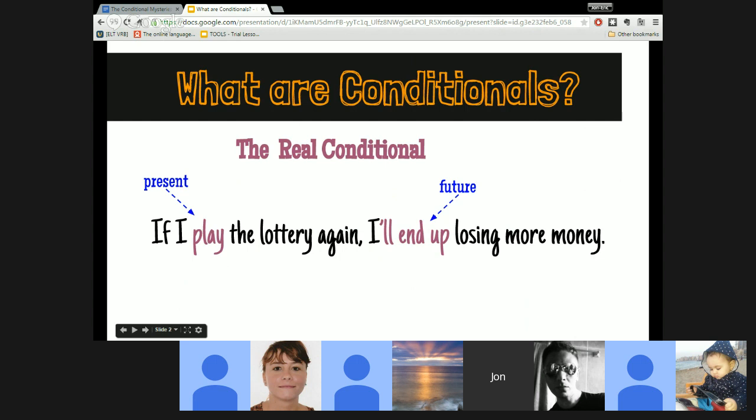Okay. Now, Van N, tell me something. What do you think this would look like as a second conditional, an unreal conditional? So the second conditional would be if I played the lottery again, I would have ended up losing more money. Would have or just would?